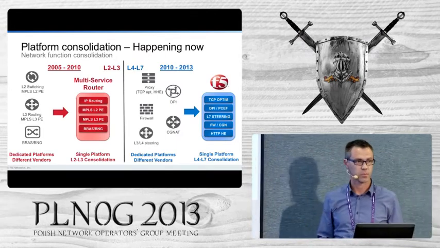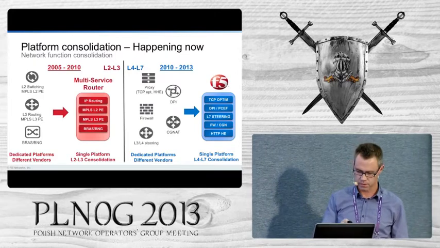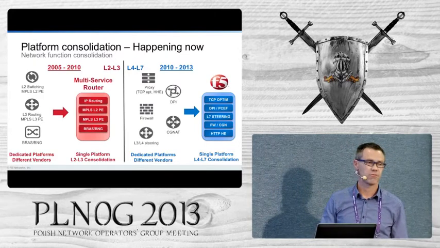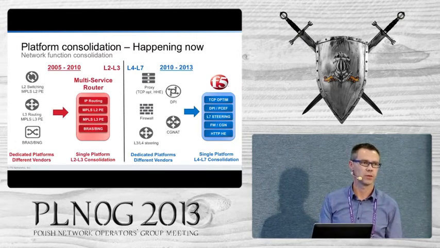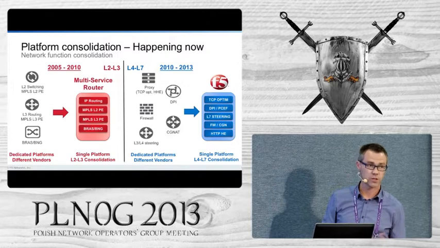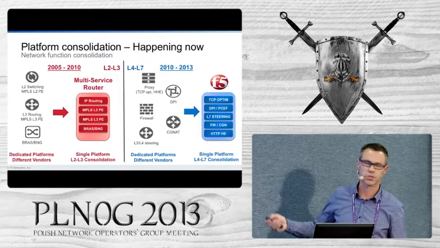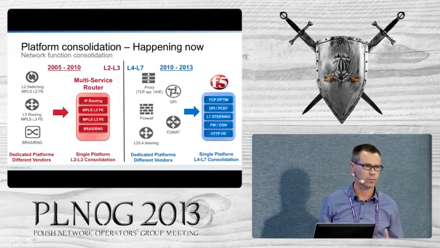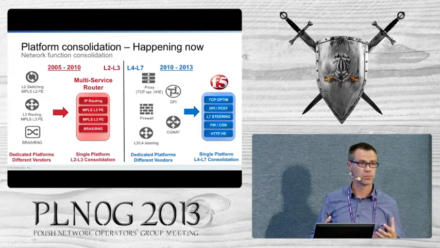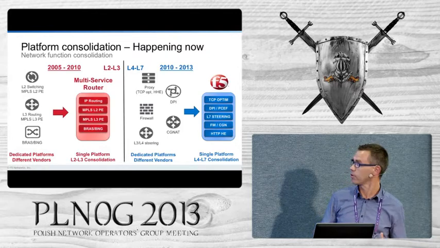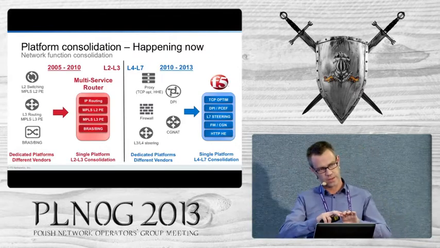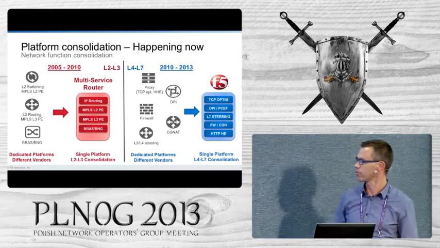That transition has happened, and the industry has embraced it, and it's deployed almost anywhere now. What we in F5 are doing is we're actually trying to do the same thing at layer 4, layer 7 level. So especially on the Gi LAN, people are using proxies for HTTP header enrichment, WAP gateways, what have you. They're using DPI technology to look very deep into the packets. That's a layer 7 function. They deploy firewalls and CGNATs, which in that portion of the network is very much a layer 4 function.